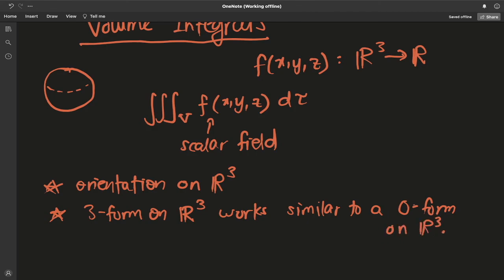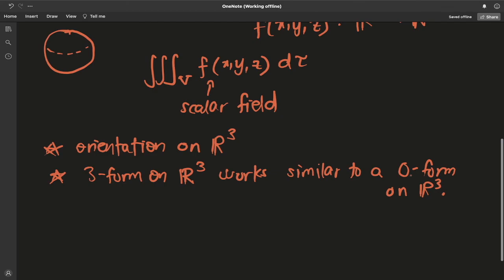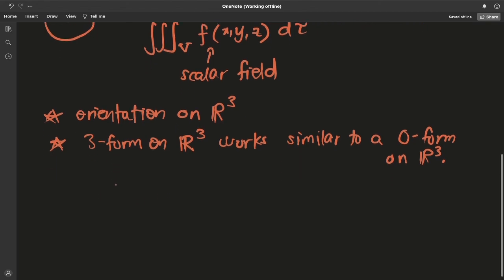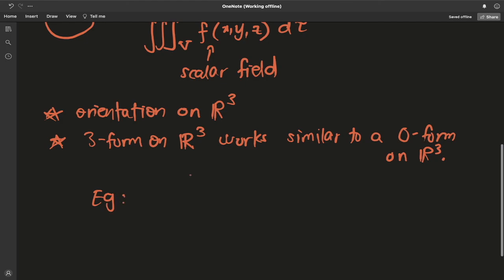That's just because it's R3, there's certain symmetries associated with this, just how things work here. So because of that, you can treat a function that can be triple integrated similar to a simple function that is not integrated at all.